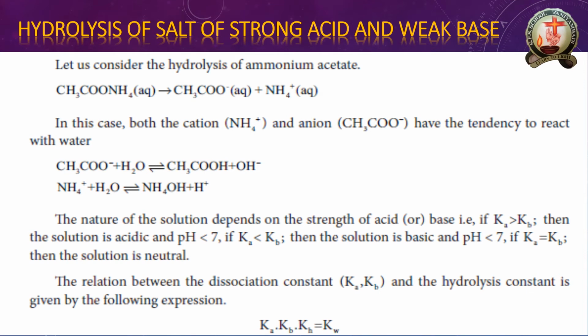Then another example: the salt of a weak acid and weak base, another composition. First, you can understand ammonium acetate. So how does the ammonium acetate salt dissociate? Into acetate ion plus ammonium.